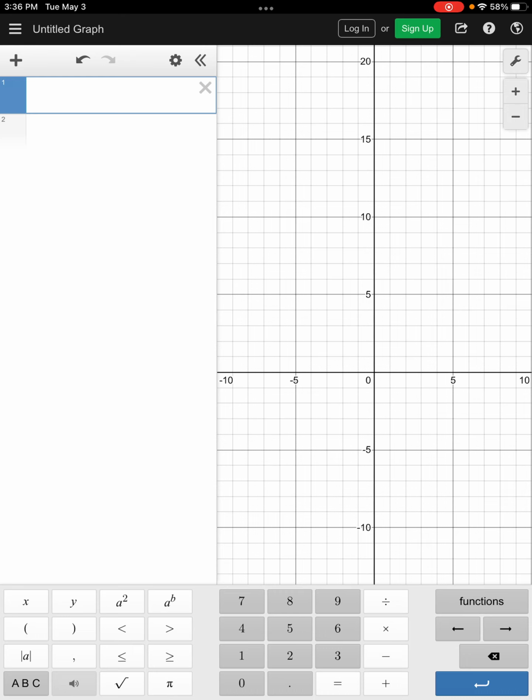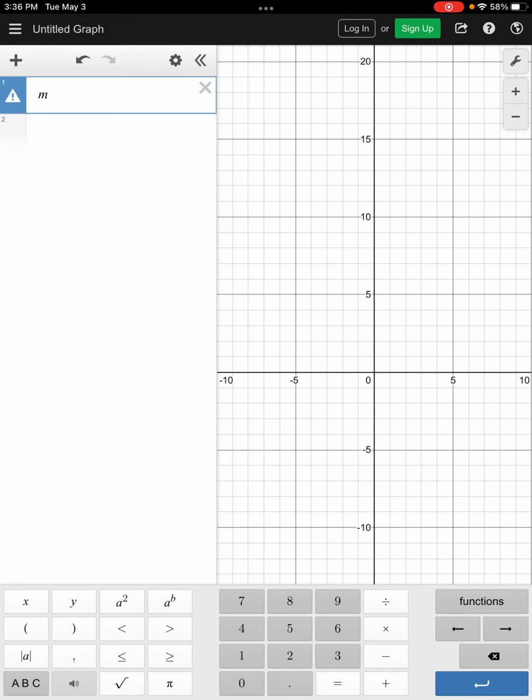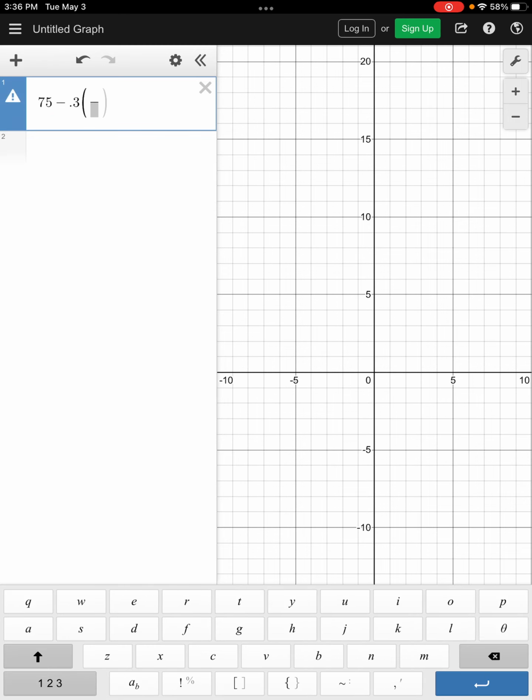So it has m, and it doesn't have x's or y's, so we can put it in exactly how we see it. I'm actually going to take the m out. I'm just going to do 75 minus 0.3 times, in parentheses, s.